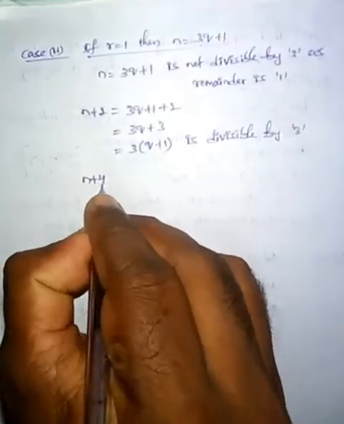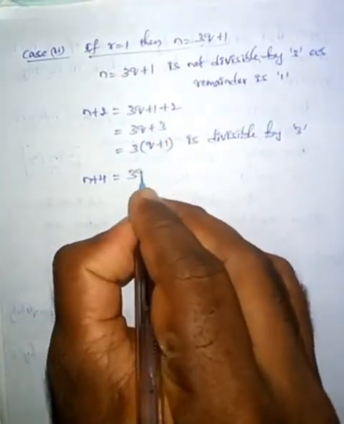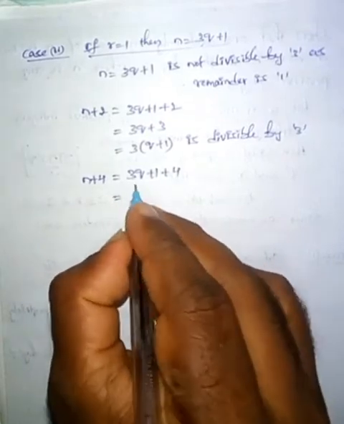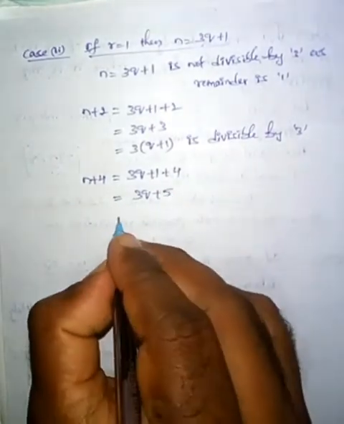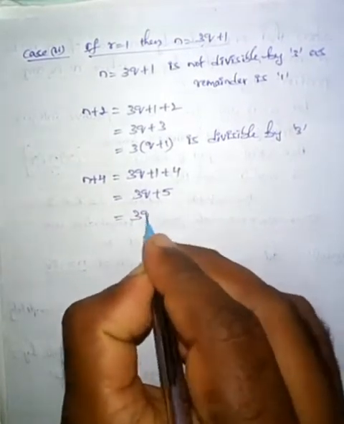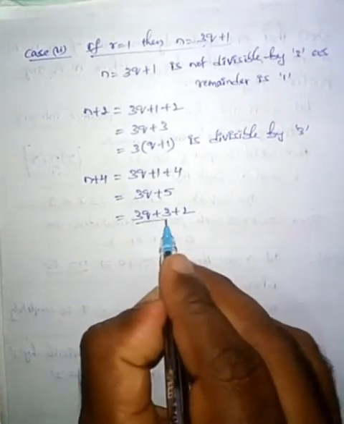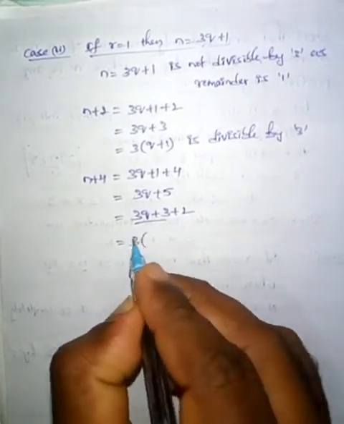Okay. Now coming to the n plus 4 value. So what will be the n plus 4 value? Let me check. n is 3q plus 1. That's why this is 3q plus 1 and next 4. So that is 3q plus 5. And you can write 3q plus 5 as 3q plus 3 plus 2. So from the first two terms, you can take 3 as common term.